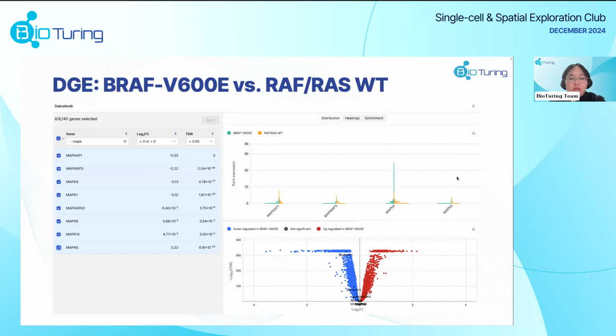This DGE analysis provides statistical evidence that dabrafenib significantly suppressed the expression of marker genes in HT29 cells, further validating our previous observations and the findings from figure 6A.